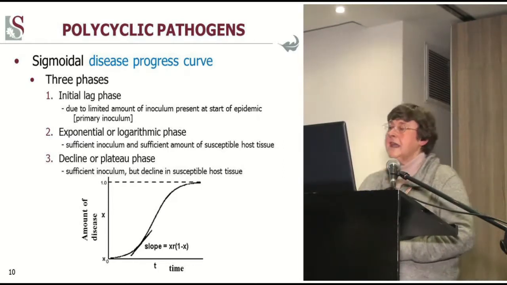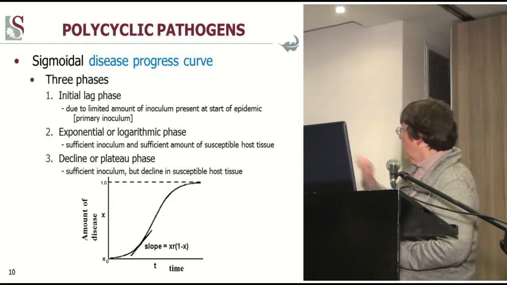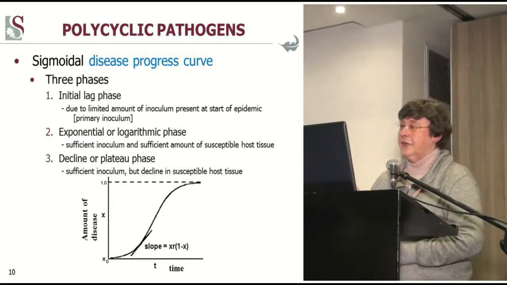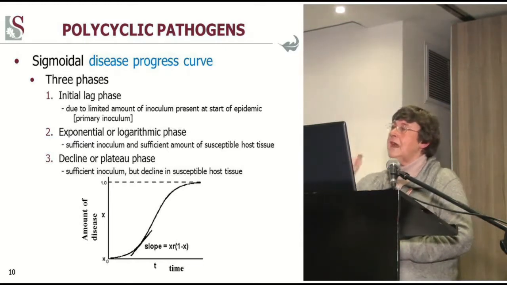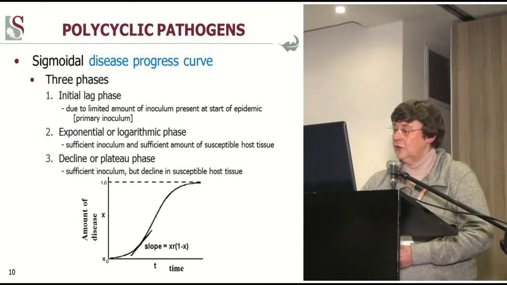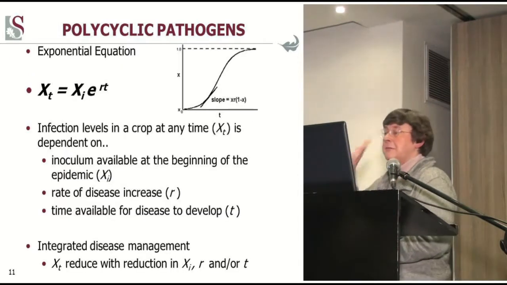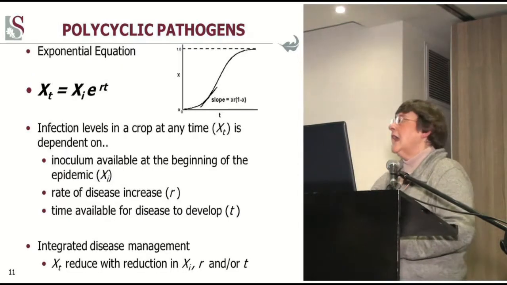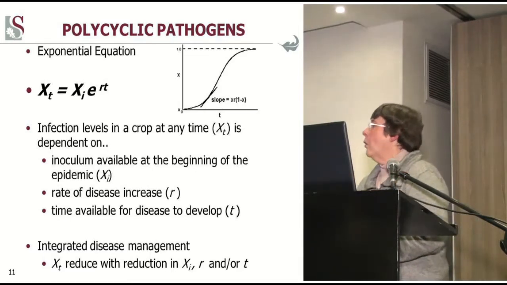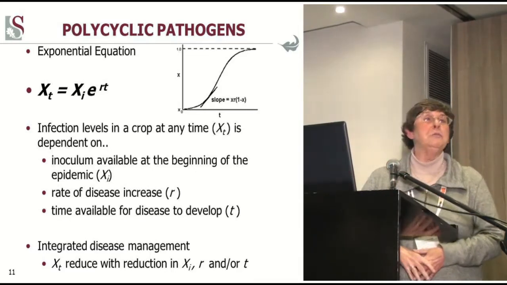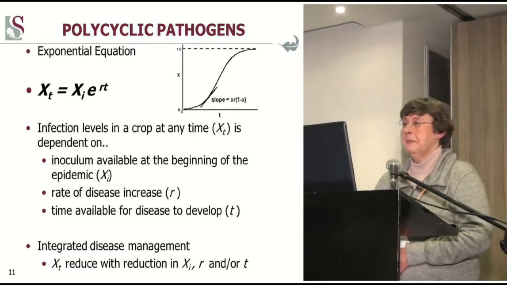Now, why I give you this: what I've shown you there is the sigmoidal disease progress curve. We can use that information, the very clever people, the mathematicians, can from that disease progress curve draw what we call an exponential equation.